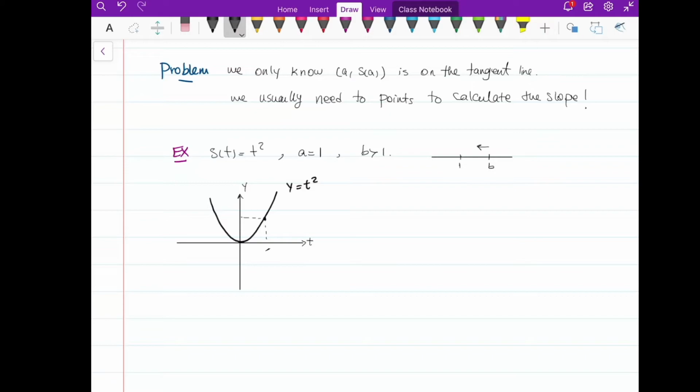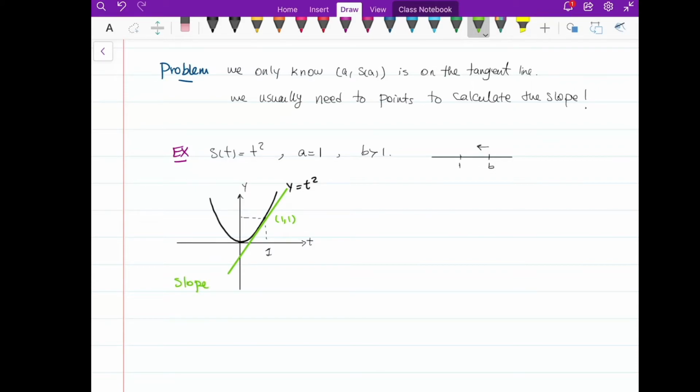So at the time 1, I'm at the position 1. So the point (1, 1) is in this. And then let me graph the tangent line. There you go. I need to figure out the slope of the tangent line, right?